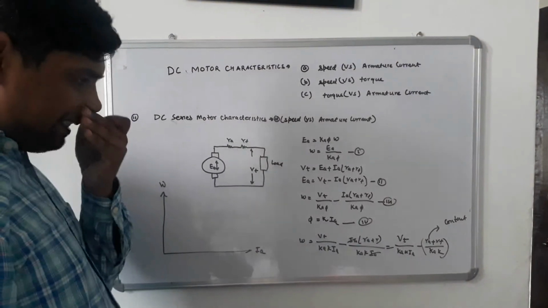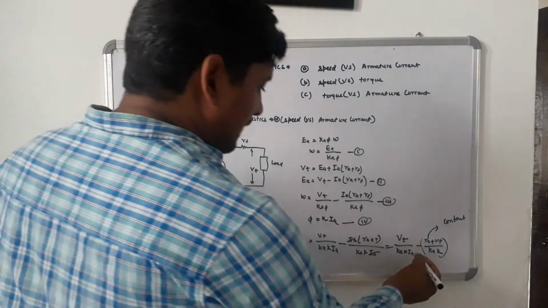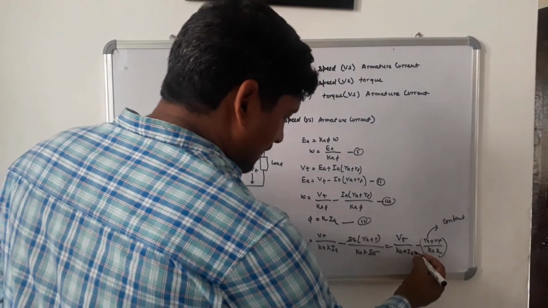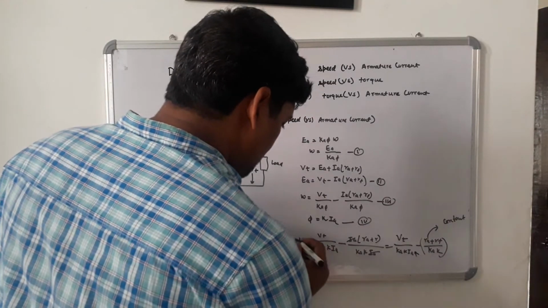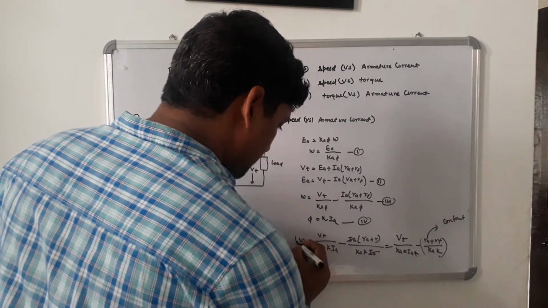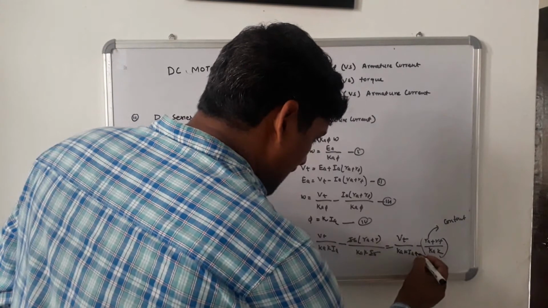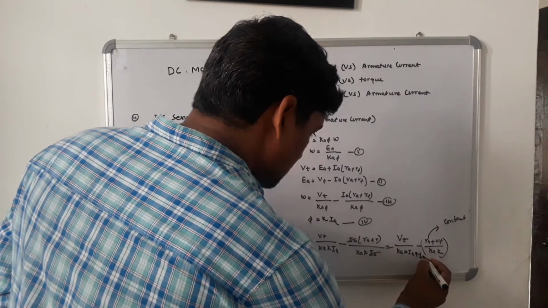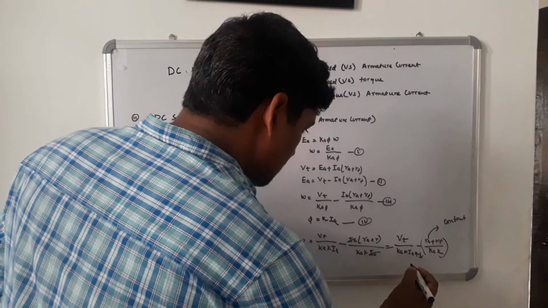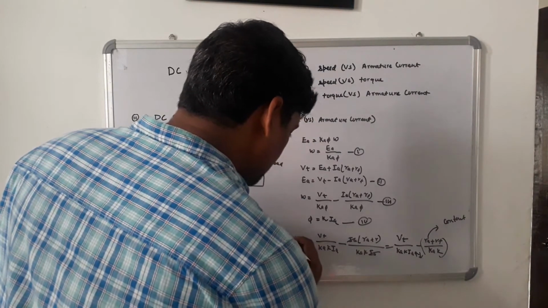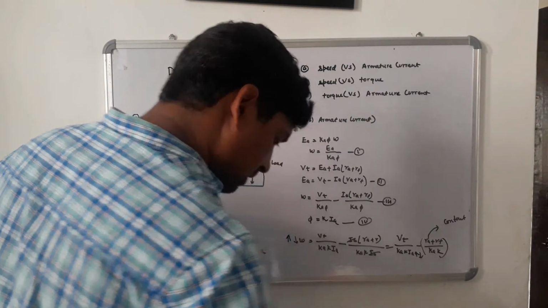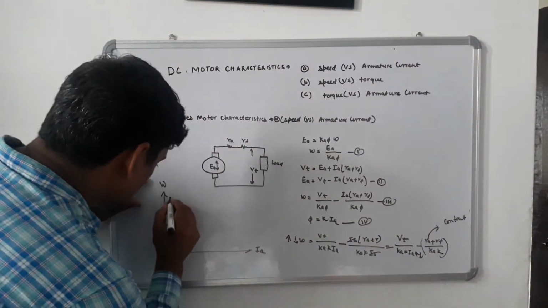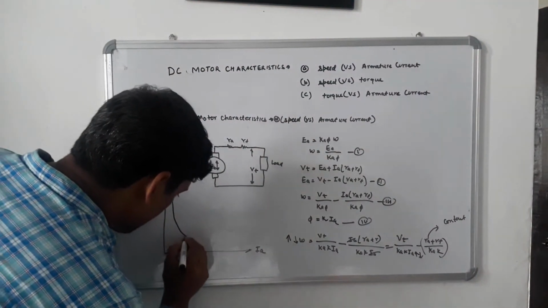If we look at this, if IA increases, speed will decrease. If IA decreases, then speed will increase. That means the characteristic is like that.